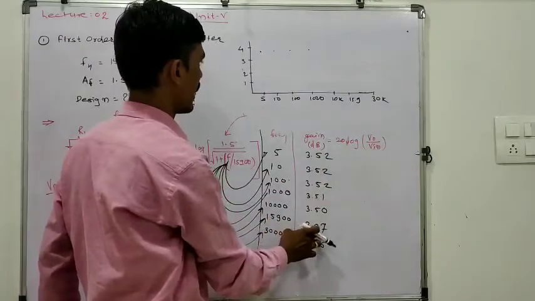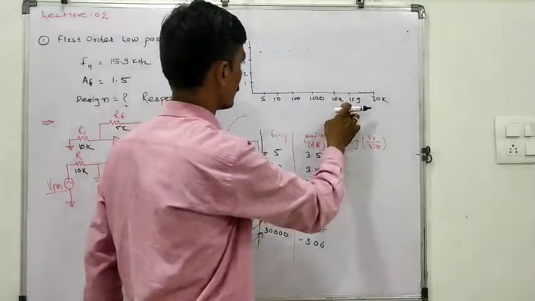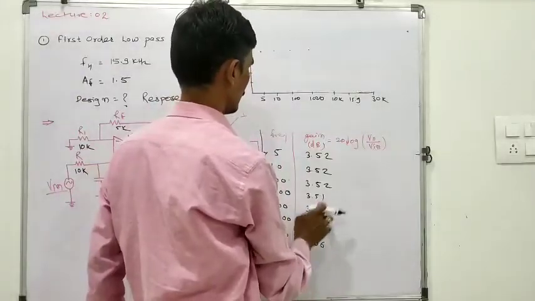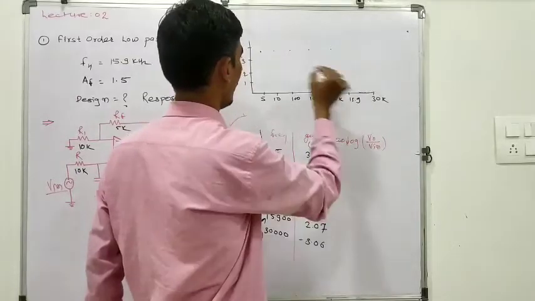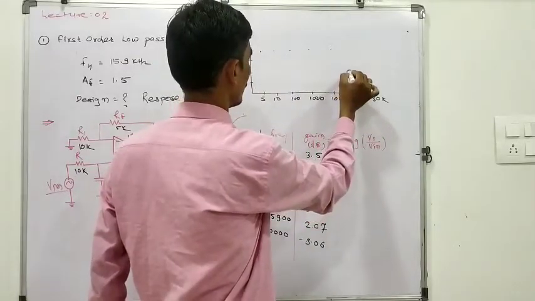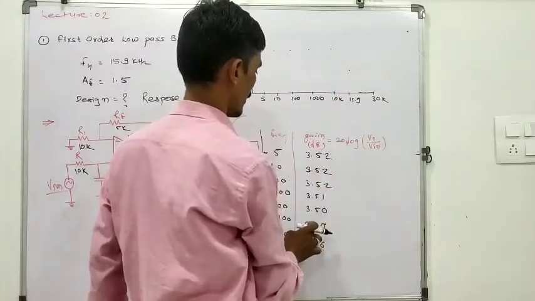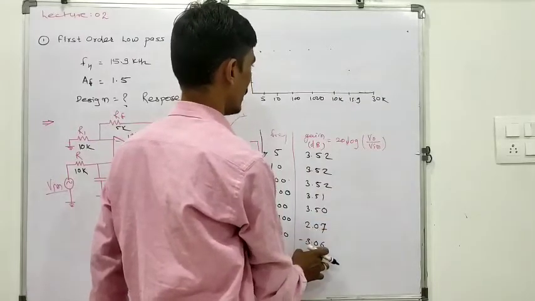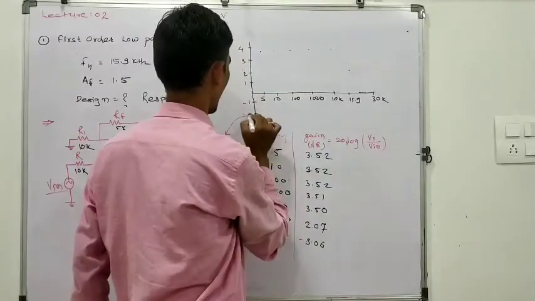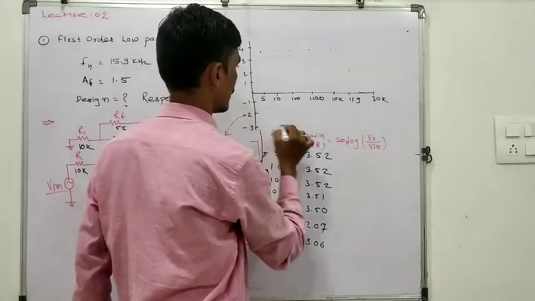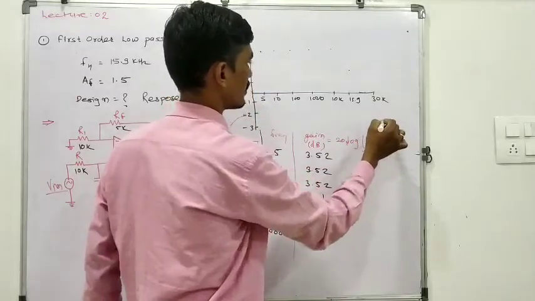After that for 15.9k we are getting 2.07, somewhere here. Then minus 3. Minus 3 means this is minus 1, minus 2, and this is minus 3. So I am getting for 30k somewhere here.